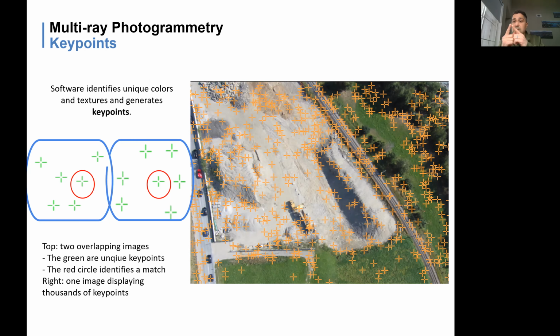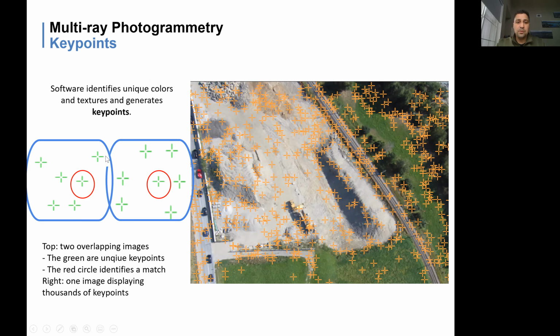From color A to color B to color C to color D, is there some unique pattern there? And if there is, I'm going to stamp it and create a key point where that unique color exists in a photograph. And that's what we have here: a whole bunch of key points created in this image example.